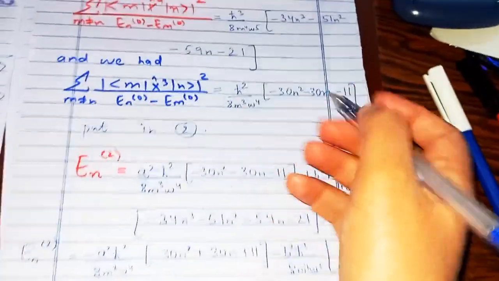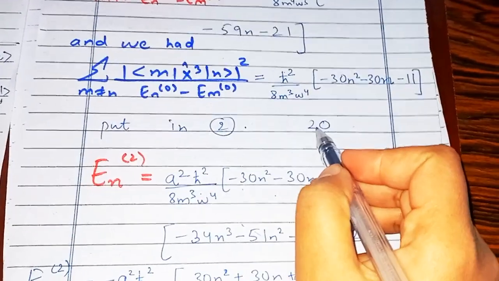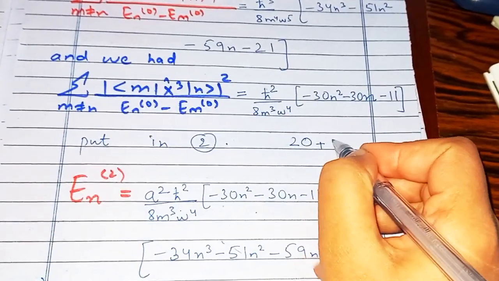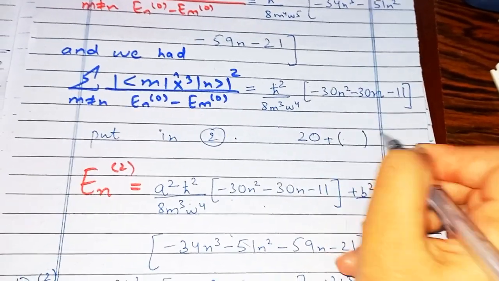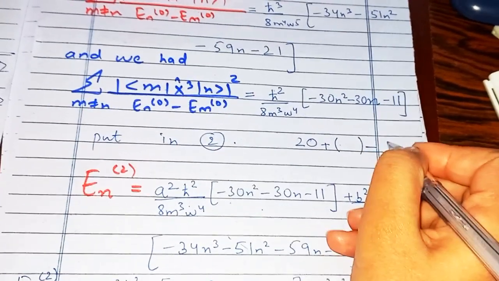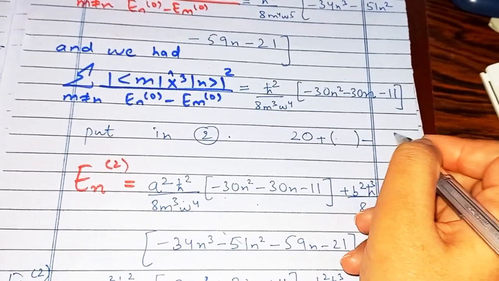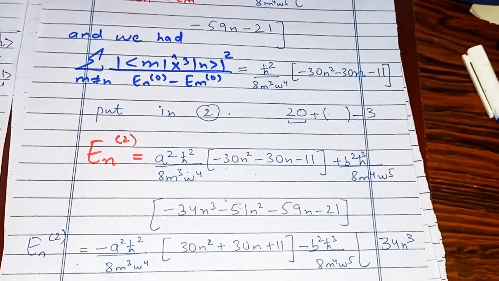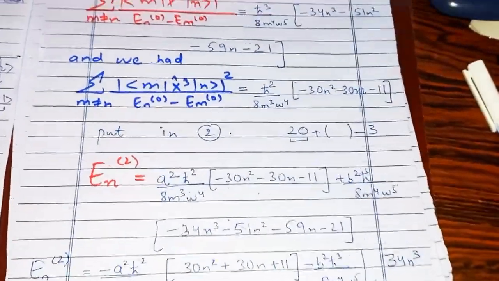So for example, if 20 is the energy of the unperturbed harmonic oscillator, and I don't remember what the first order energy correction was, but the second order energy correction will be negative. Maybe it's -3, so it will actually reduce the overall energy. It will act to reduce the overall energy.